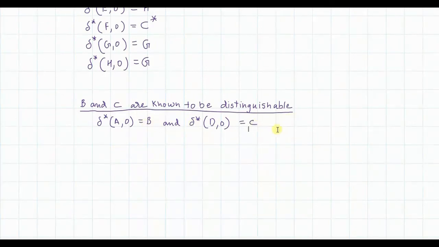Since B and C are distinguishable, we have got a new pair: A and D should be distinguishable. Therefore, the pair A comma D is also distinguishable.